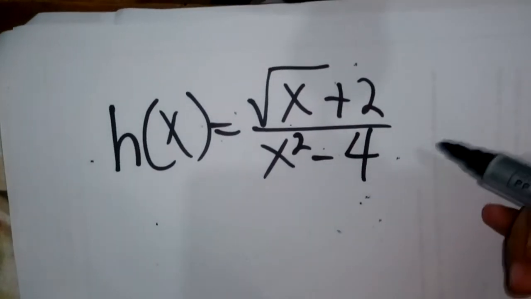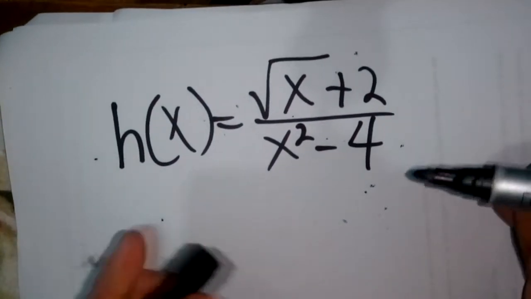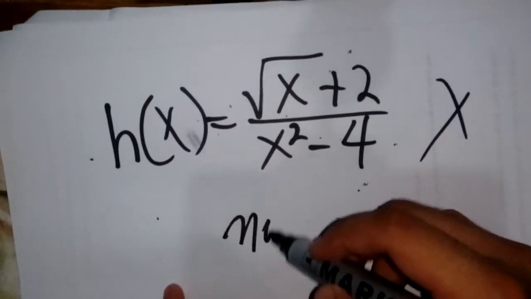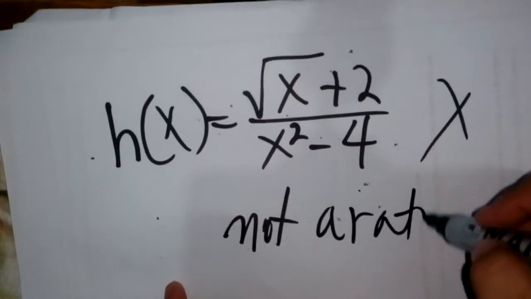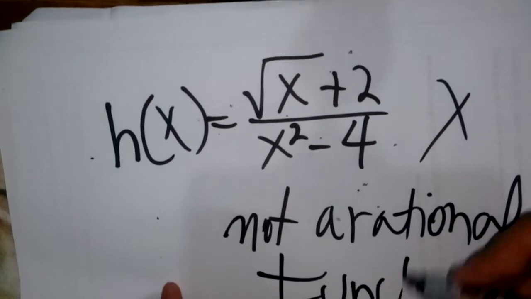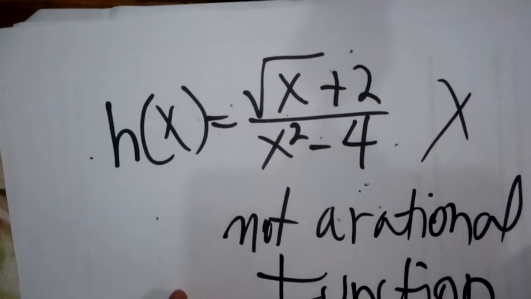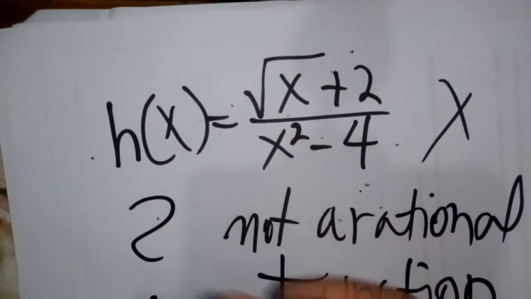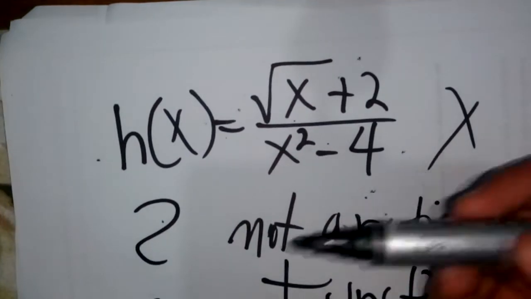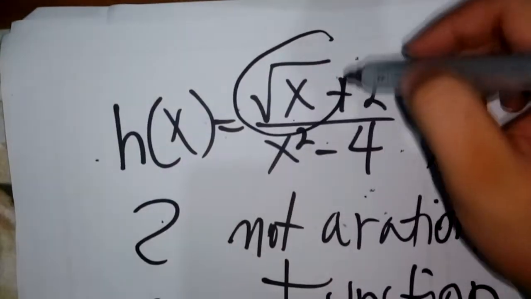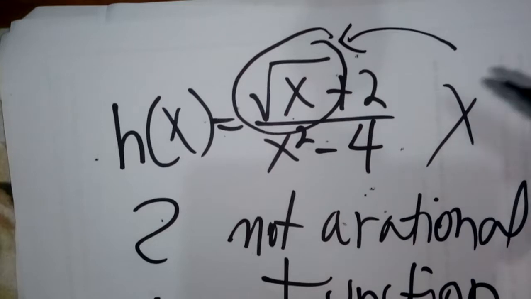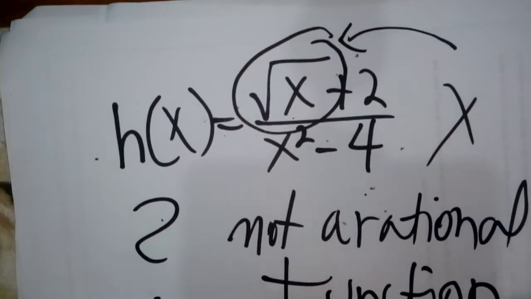Solution: this is wrong, not a rational function. Why? Because it does not follow, as the square root is not allowed. Simple as that. So it is defined as not a rational function.